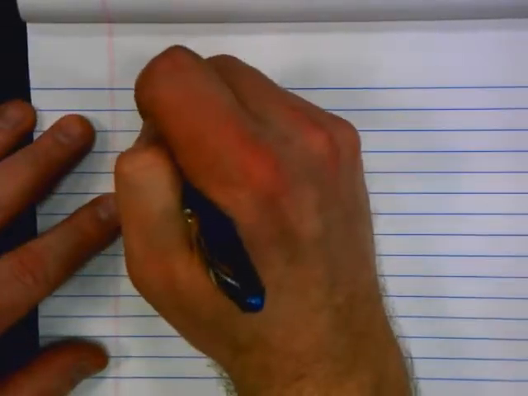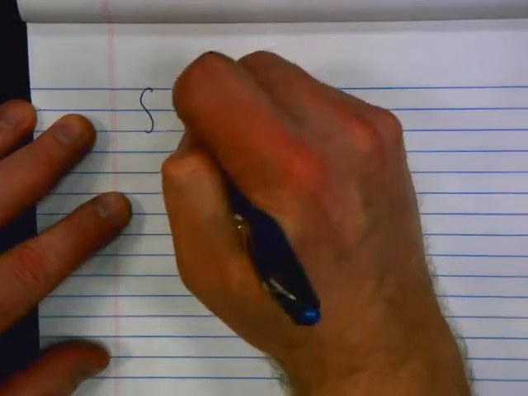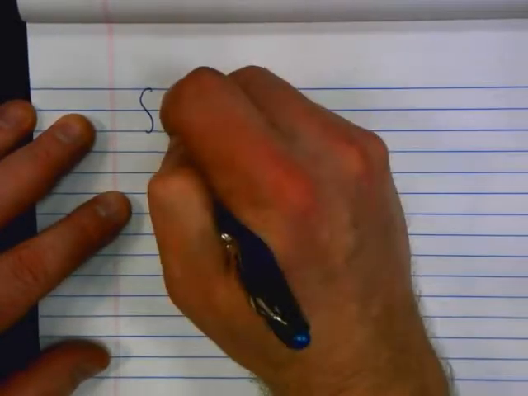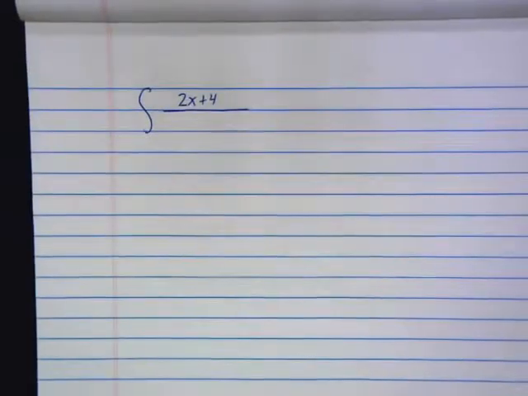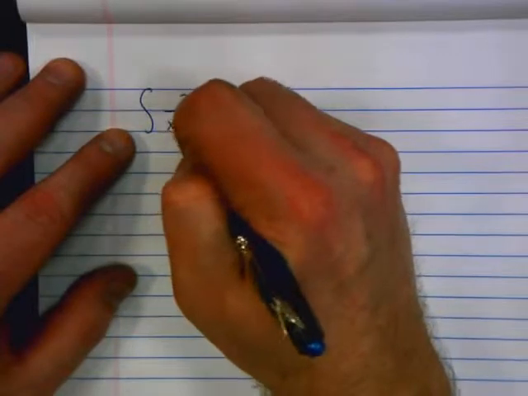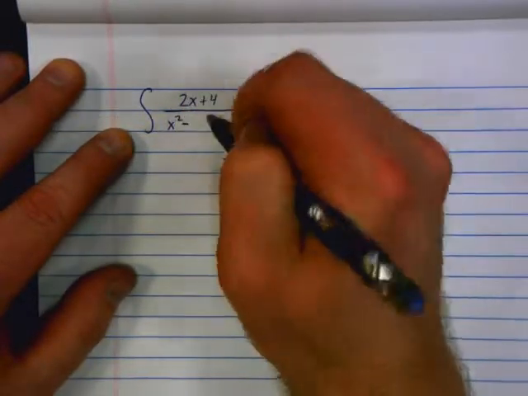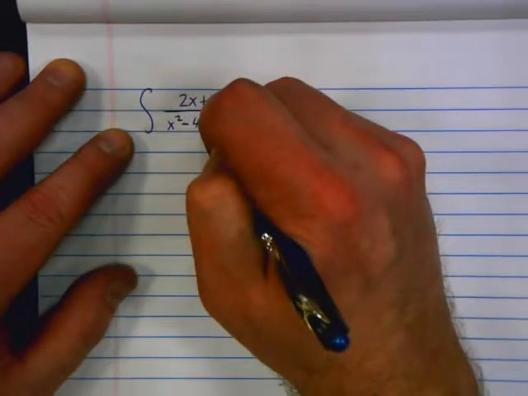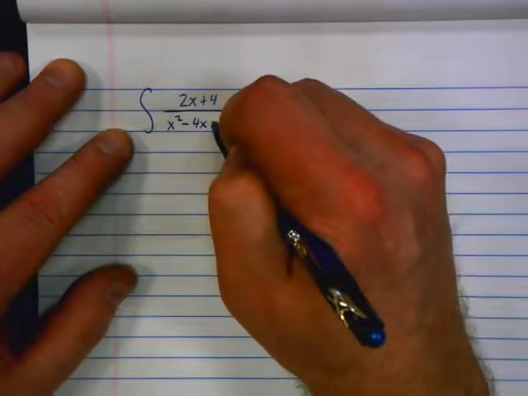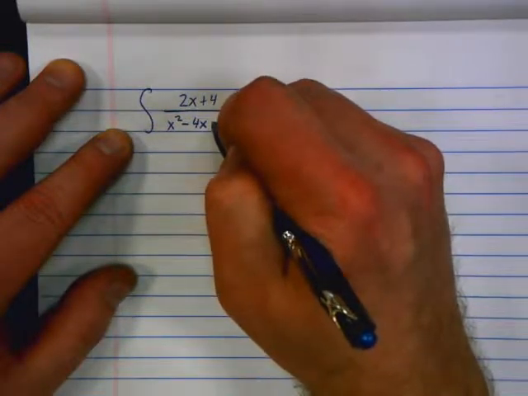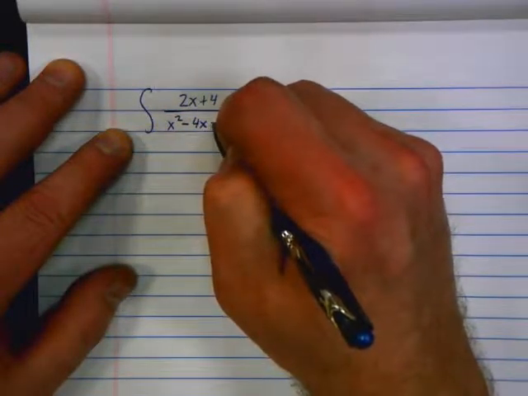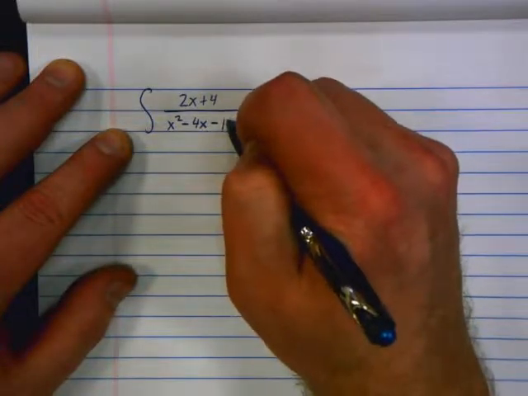All right, so let's say we had the integral. Let's put an x up here this time. 2x plus 4 divided by, I need something on the bottom that's going to factor. Let's say we have x squared minus 4x minus 12.